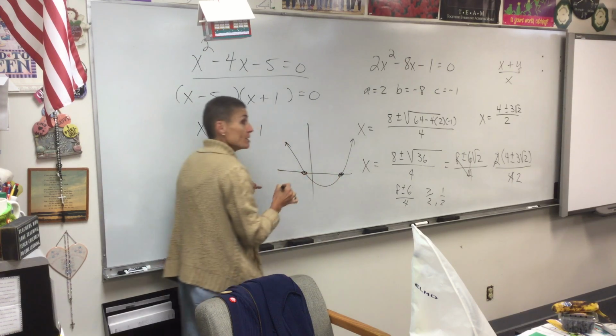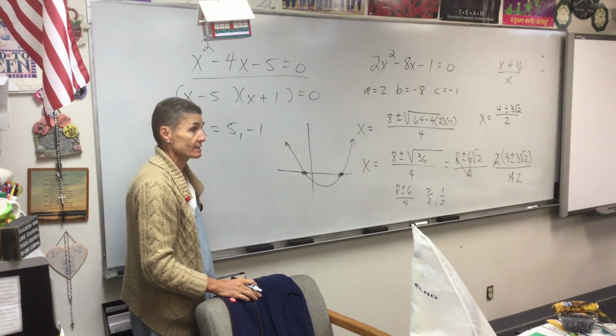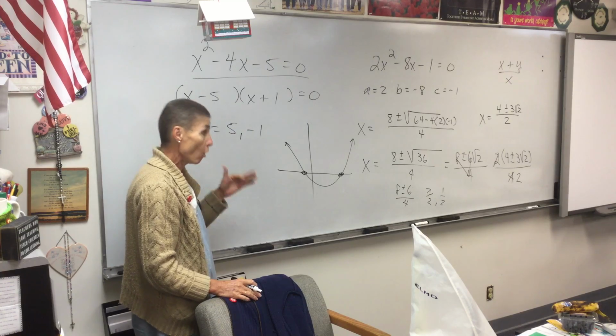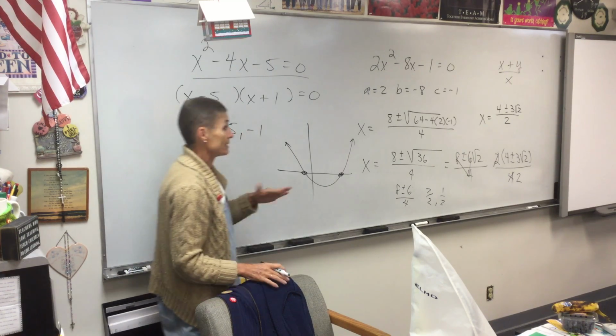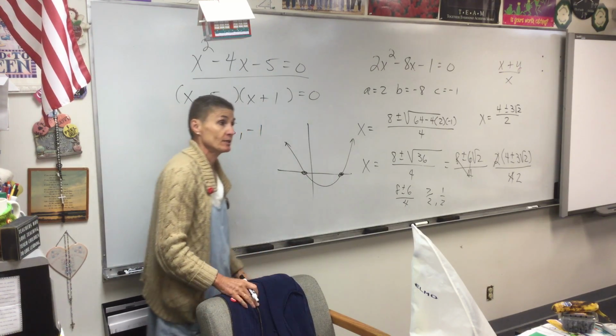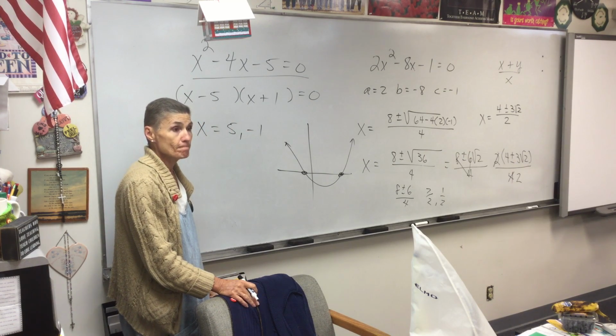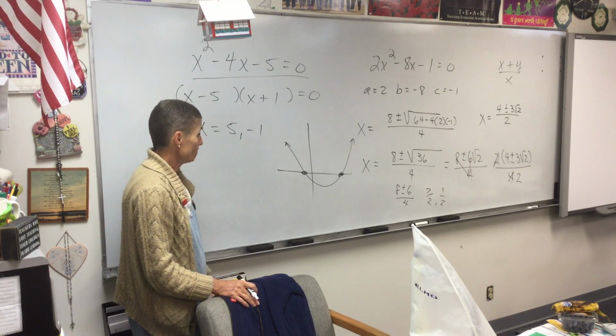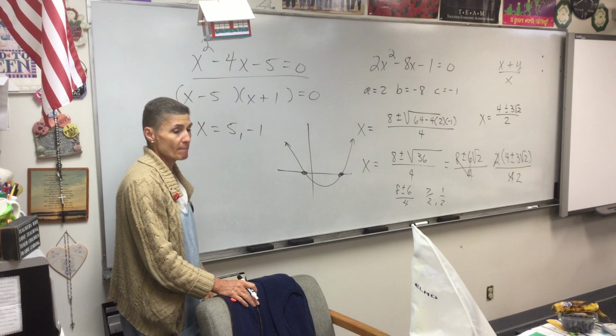Just like before, you'd be looking for where it crosses the x-axis. Graphing is always an option for any kind of equation if you have a calculator and are allowed to use it. Okay? Yes, I had thought about that. Thank you, Michael. What's another algebraic method?